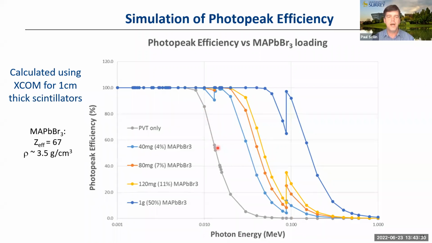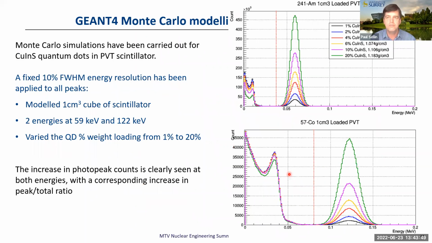But as soon as you add, let's say 10%, 11% of perovskite with some lead in it, you start to get the yellow figure here, where you get the absorption edge from lead, really pushing the photo peak efficiency up. And you can simulate the effect of this, of adding high Z nanoparticles into plastic.